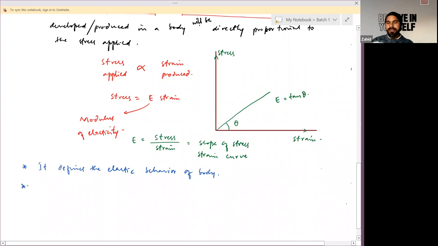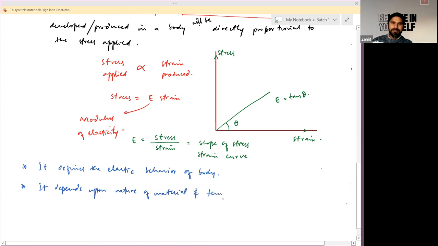Next, it depends upon the nature of material and temperature.